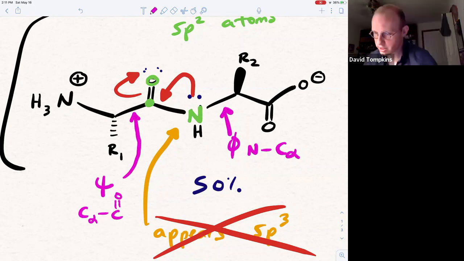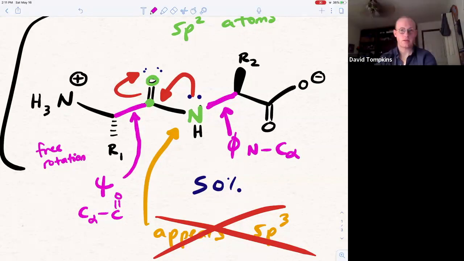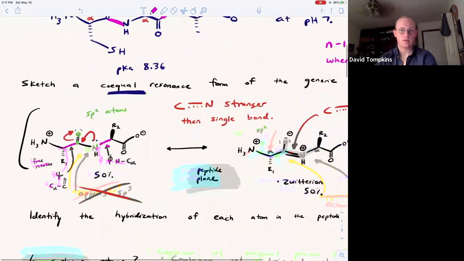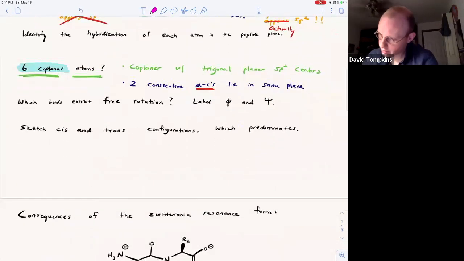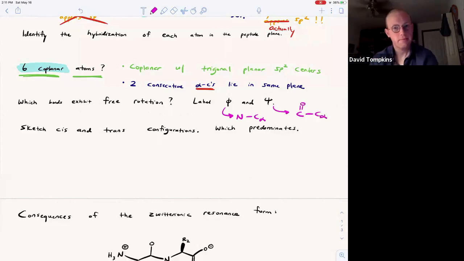So those do exhibit free rotation. But of course, there is going to be a limited number of stable conformations due to things like sterics. So I'll write that explicitly below, where phi is the nitrogen alpha carbon single bond and its favorable angles, while the carbonyl carbon to alpha carbon is described by psi.